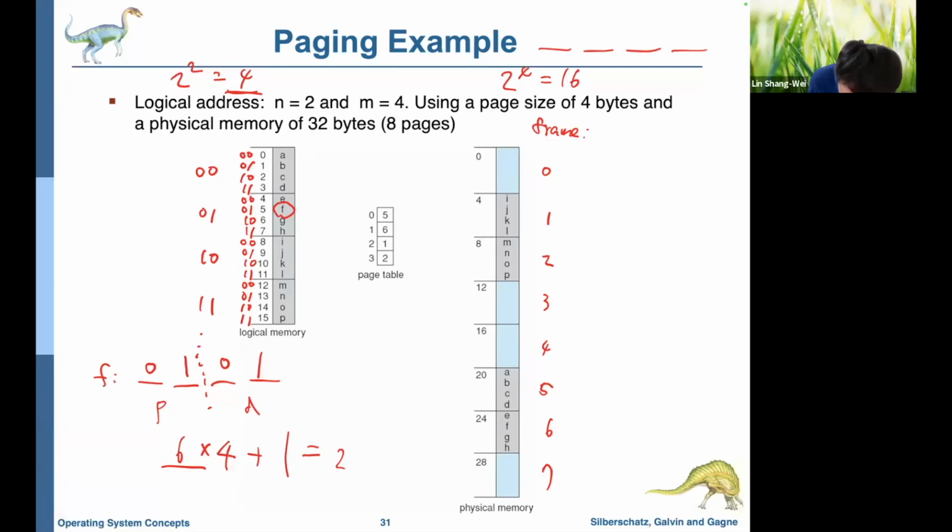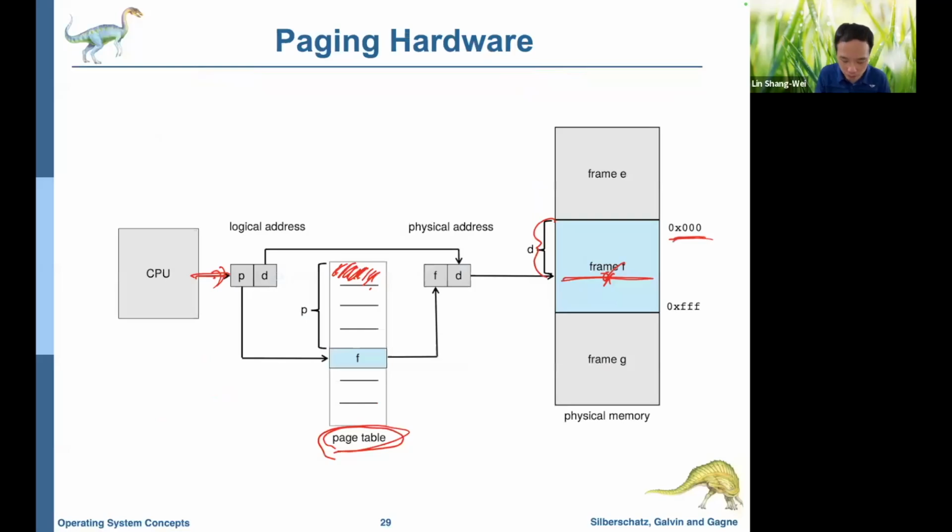25. You can check it. Where is it? It's here. That's 25. Any question here? So the calculation I'm trying to do here is actually this flow. This is done automatically by the MMU, the memory management unit.